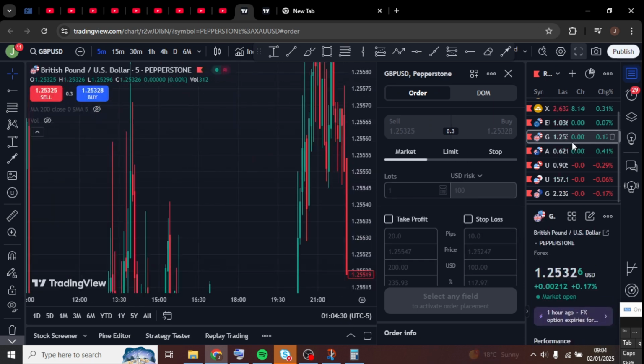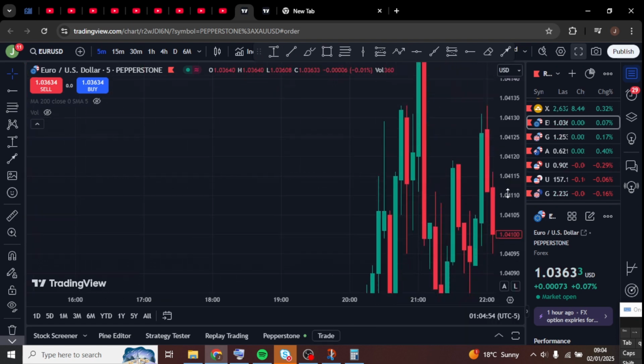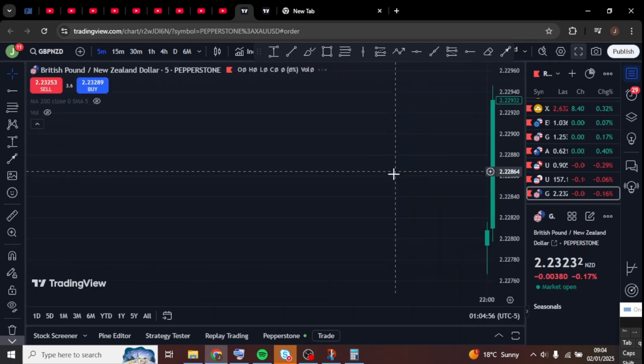Then you have the GU, that is 0.2, and then the Euro USD is 0.0. Different brokers have different spreads, but these 5 major pairs usually have very small spreads.